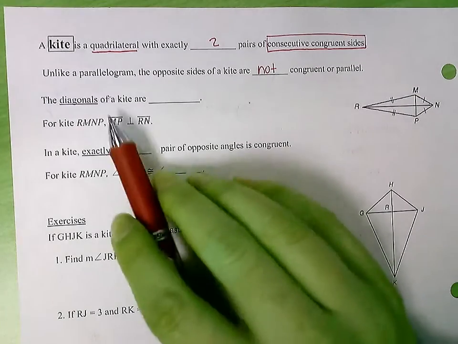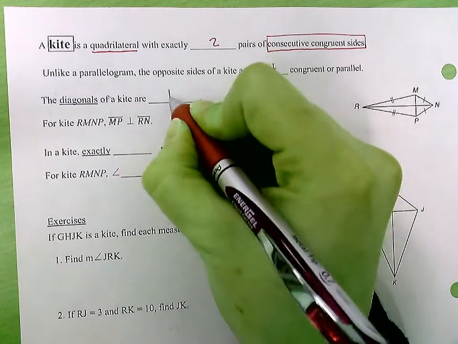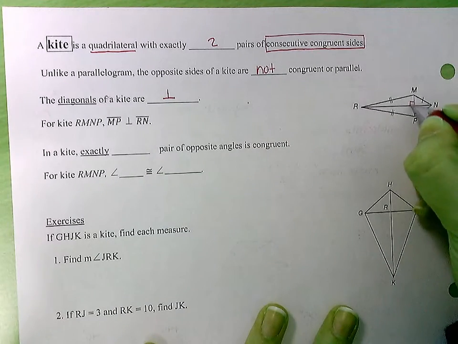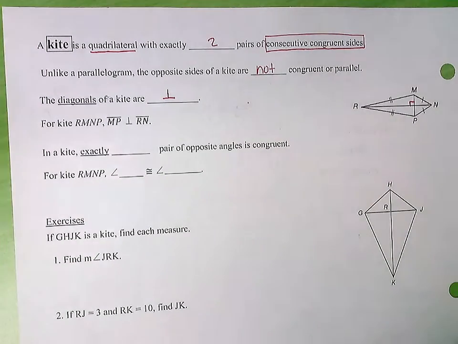Okay, the diagonals of your kite are perpendicular. Perpendicular meaning what? They intersect at what type of angle? 90 degrees. So those diagonals that you draw in make a 90-degree angle.